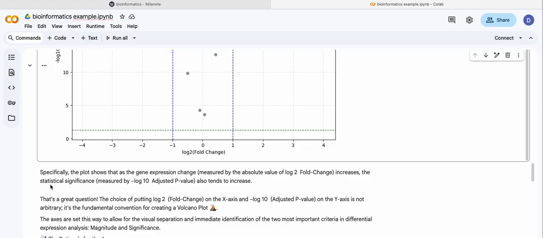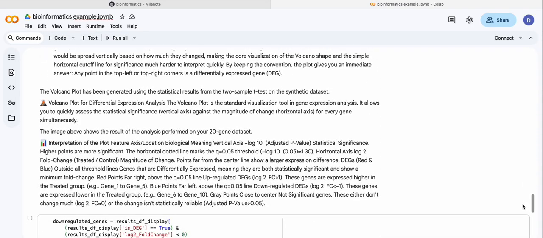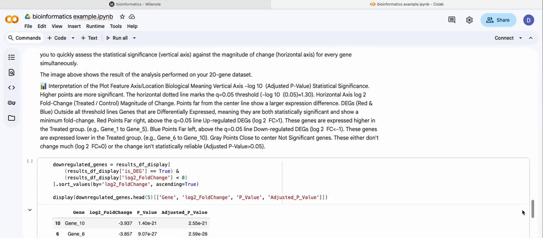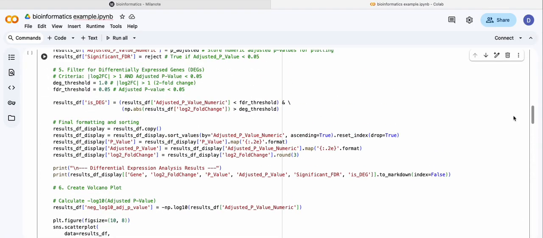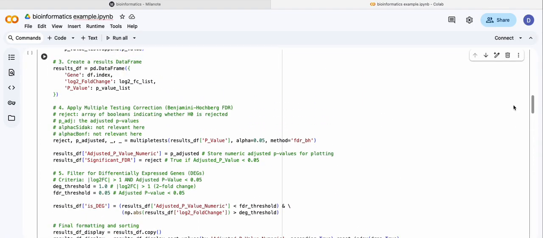As it increases, the statistical significance also tends to increase. And I have some notes about what the volcano plot is, what it means, all that good stuff.